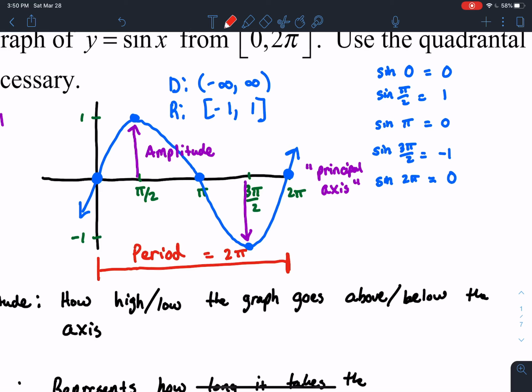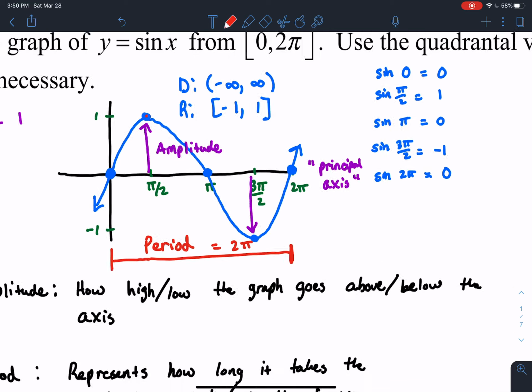How long does it take for one cycle to complete? The cycle is going to start at the axis, go to the high point, then the axis again, the low point, and then the axis for the third time. Okay, that's one full cycle.